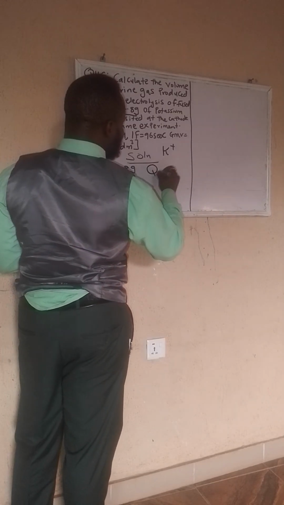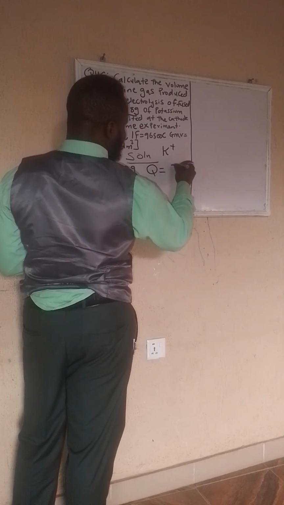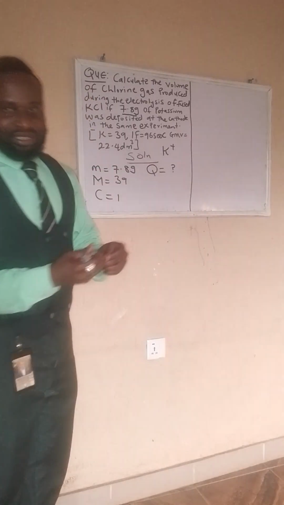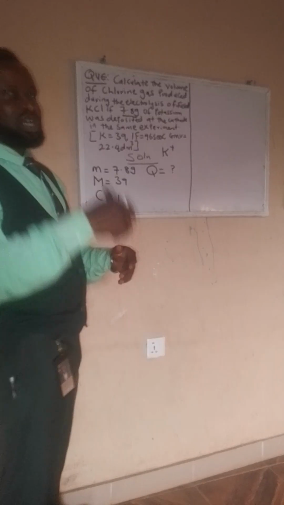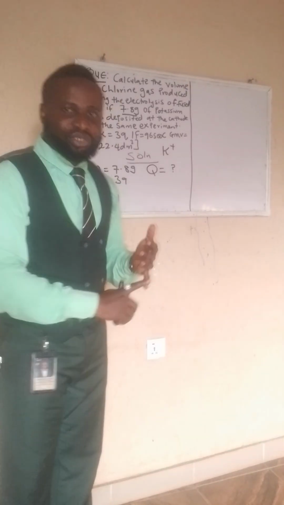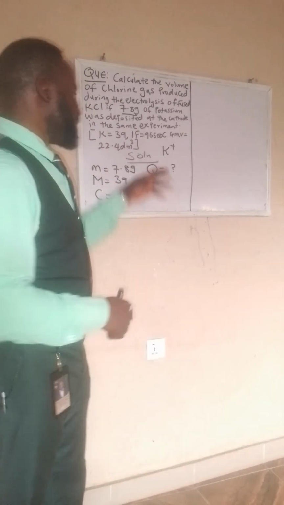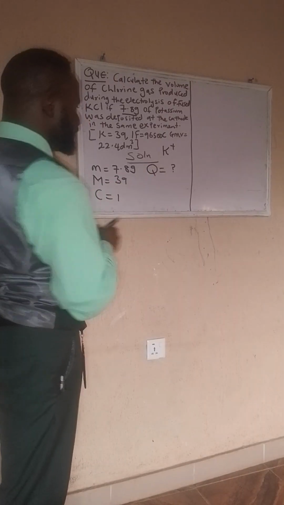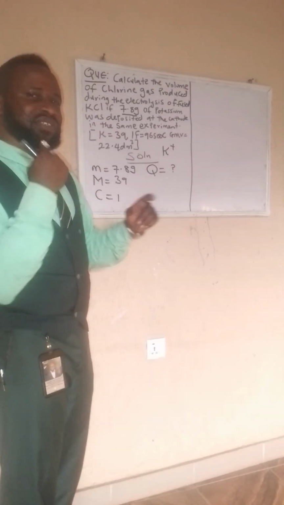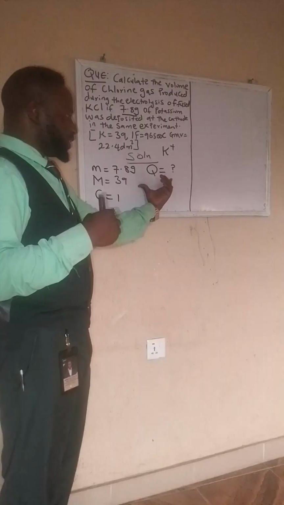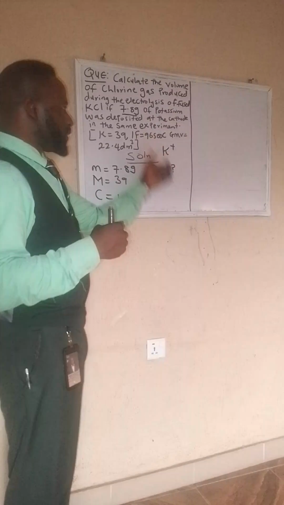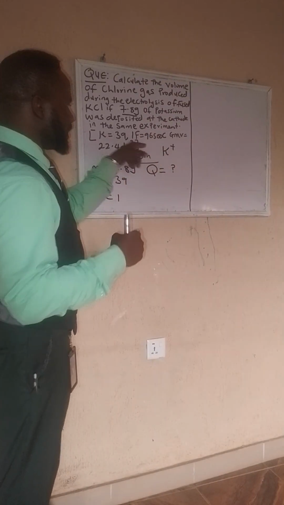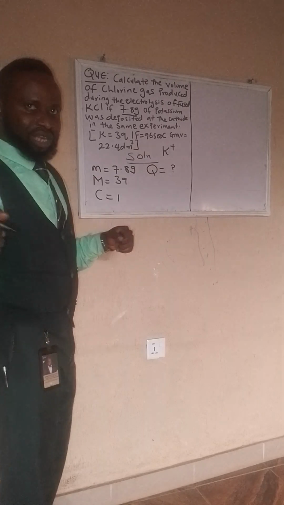So the quantity of electricity supplied, which is also IT, that is current multiplied by time, is not given in this question. We don't have any information about the current, we don't have any information about the time, neither was the quantity given. Mind you, what we are looking for is the volume of chlorine, but we need to get this quantity first. So we are going to know the quantity involved in this experiment that would produce the volume we are to calculate.